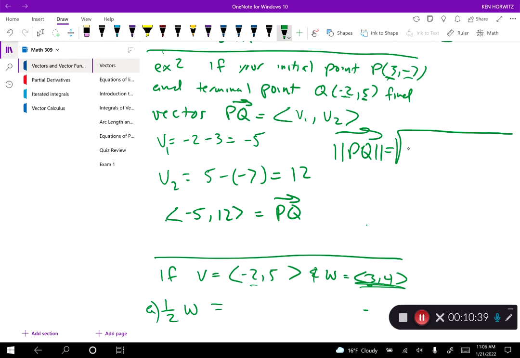So I have -5 squared plus 12 squared. I've seen other professors tell you to square each element, add them, and square root them, so it's kind of a nice way to remember it. So at this point, I'm going to ask you to pause the video, quickly go through the calculation, and we'll talk about the answer on the back end.